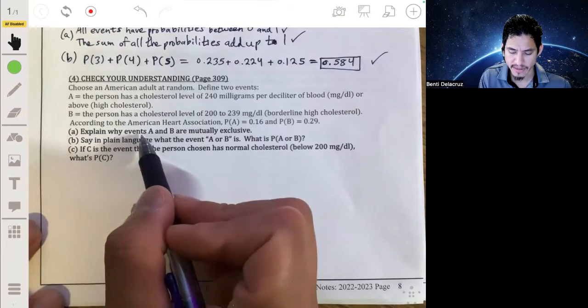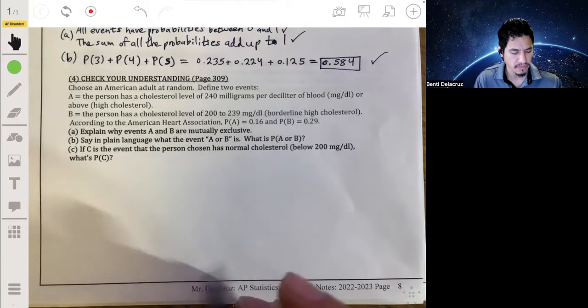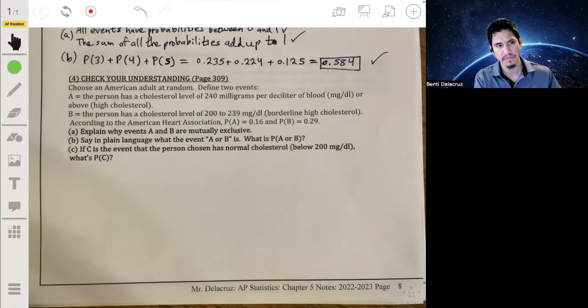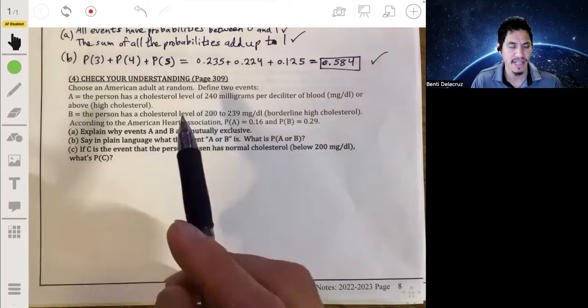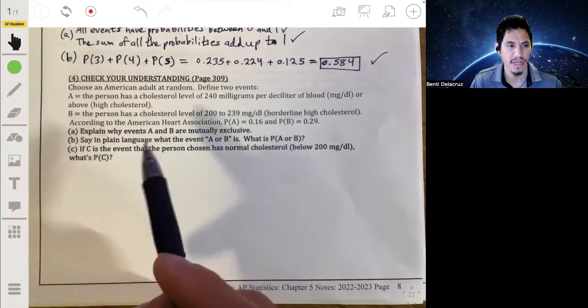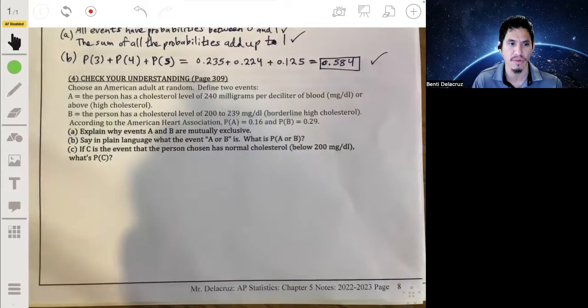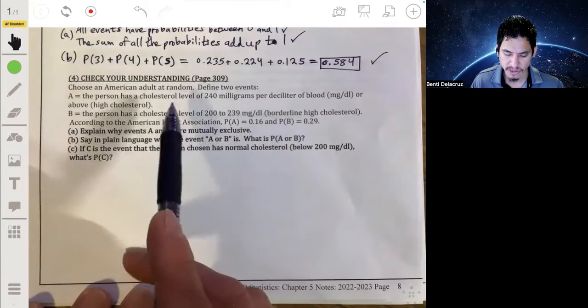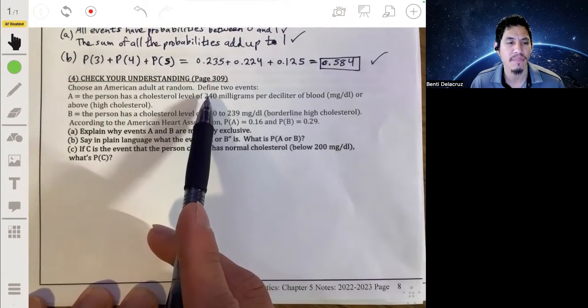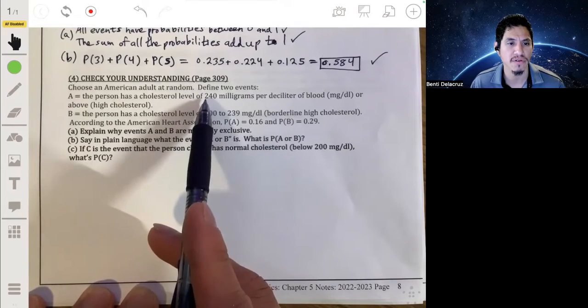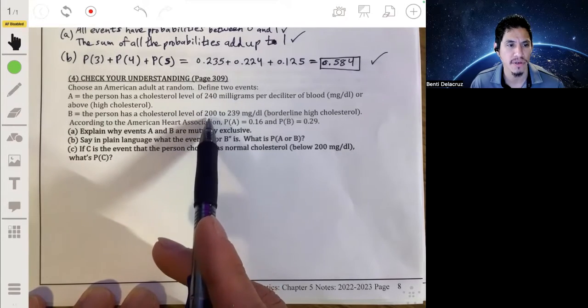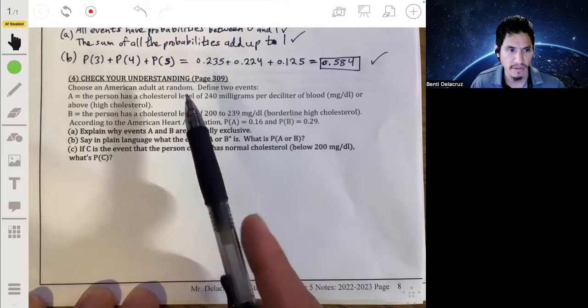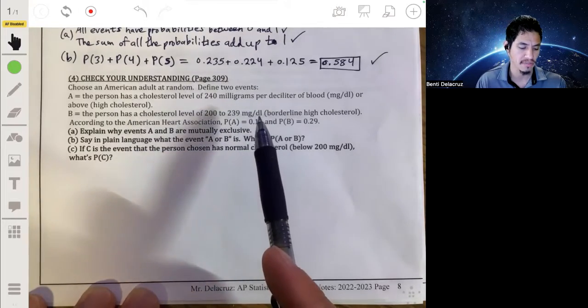Okay, so part A, explain why events A and B are mutually exclusive. Let's recall what mutually exclusive means. It has the same meaning as disjoint, and that's essentially saying that both events can't occur together. If you select one person at random, they can't have both an A and a B. A person can't have a cholesterol level of 240 or above and between 200 and 239 at the same time.